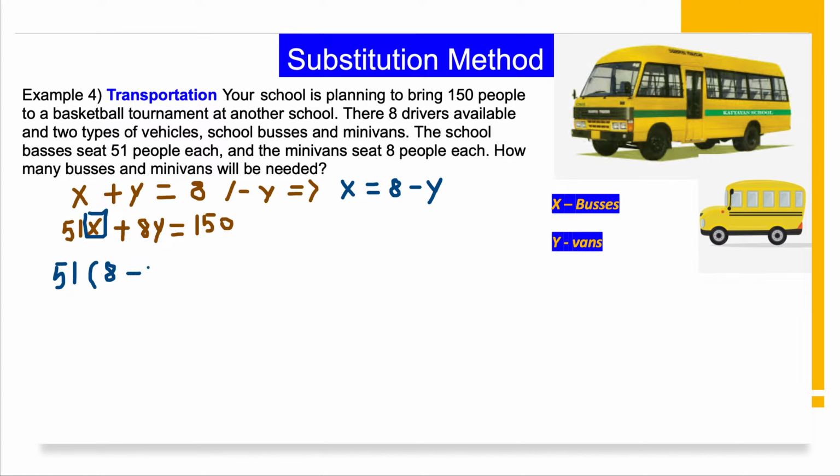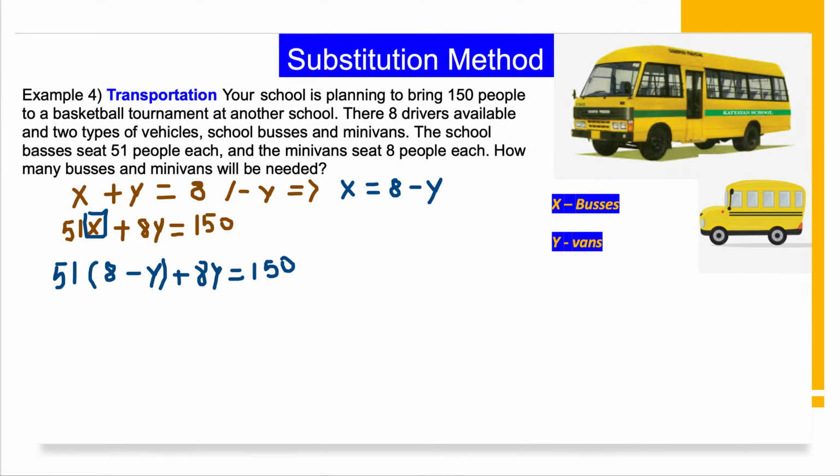So 51 times the parenthesis 8 minus y, close the parenthesis, plus 8y is equal to 150. So this is an equation with one unknown. And now I'm distributing here.